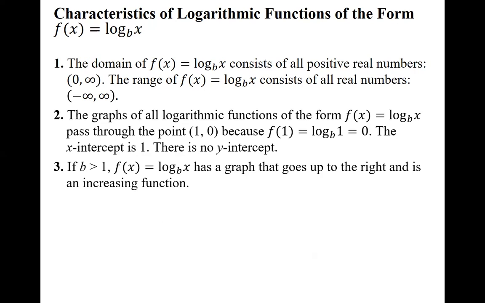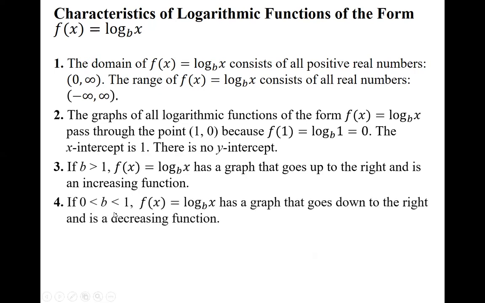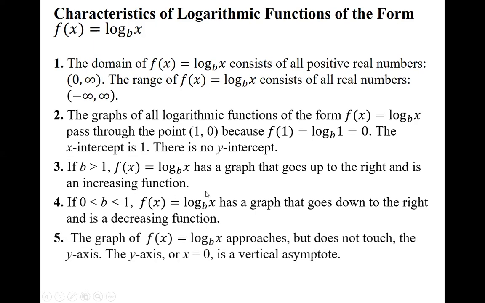If b is greater than 1, the graph goes up to the right and is an increasing function. But if b is between 0 and 1, like 1/2, log base 1/2 of x, that would be a graph that goes down to the right and would be a decreasing function. And the y-axis is a vertical asymptote.